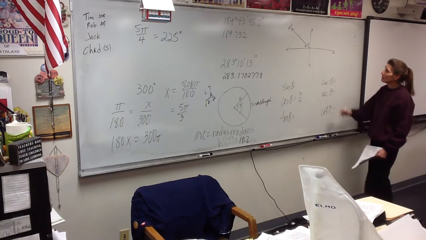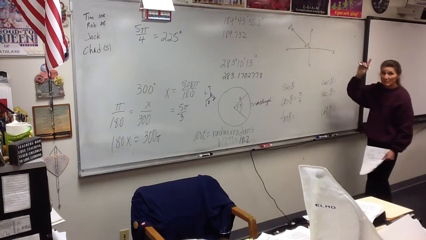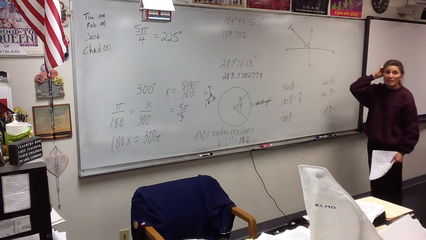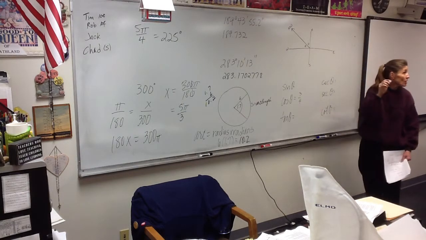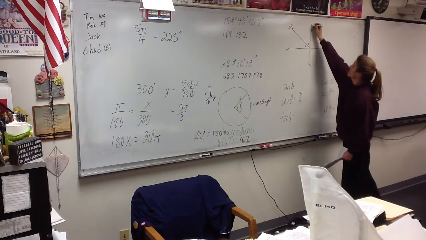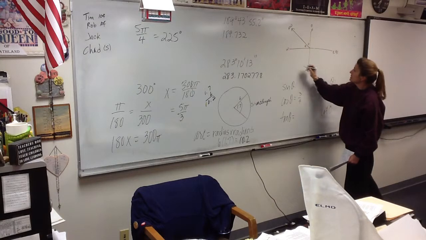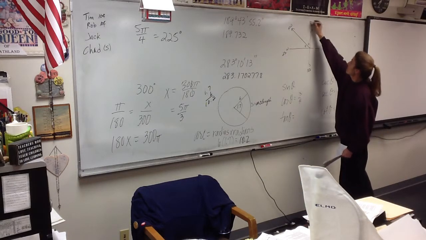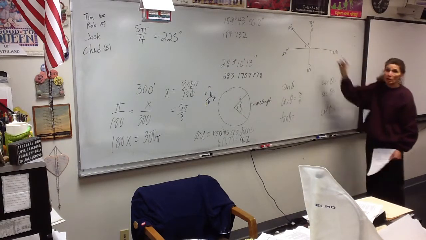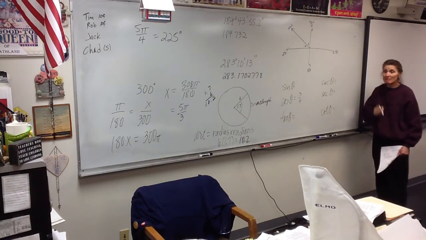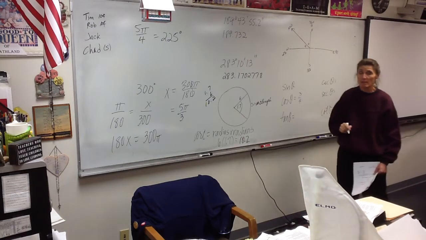Navigational angles, remember, are measured from due north. They're different than other angles. We're measuring from due north. So this is 0, that's where we start. Here is 90, here is 180, here is 270, and then we'd be back around to 360 if we went all the way around. That is different than other angle measures.